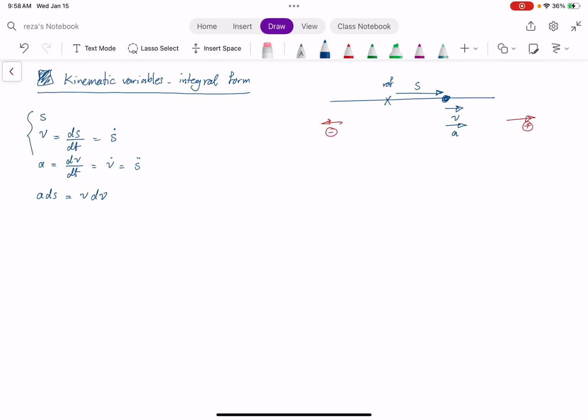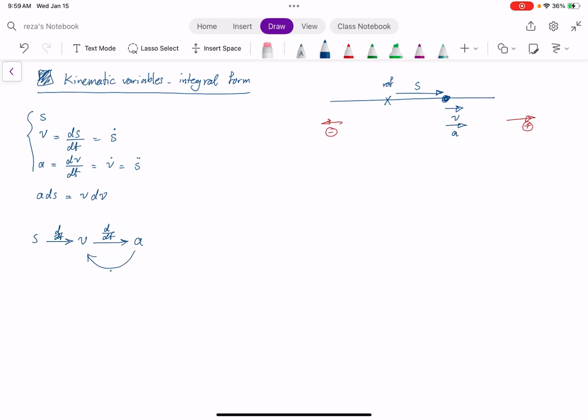And with these three, you can see that if you have s, you can take a derivative, d over dt, which gets you to velocity. You can take another derivative, d over dt, which gets you to acceleration. It is also possible to go backward from acceleration to velocity to position using integrals.